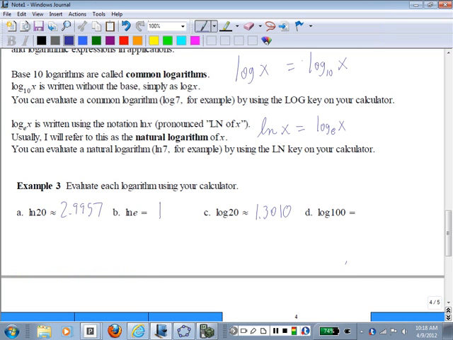Now the parallel for that would be what we saw a while ago, the common log of 10 equals 1 because the base is 10. What power can 10 be raised to get 100 as the answer? 10 raised to the second power equals 100.